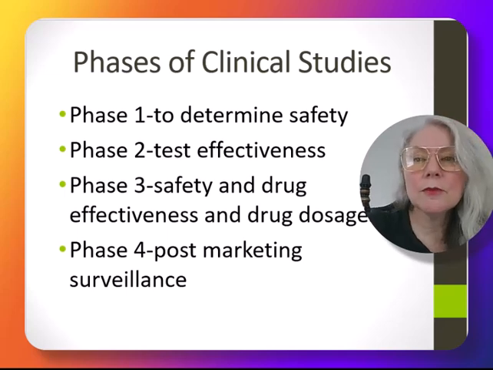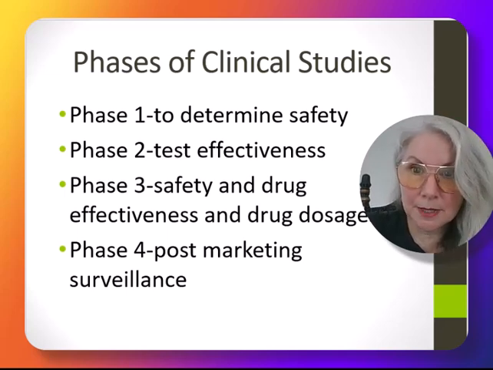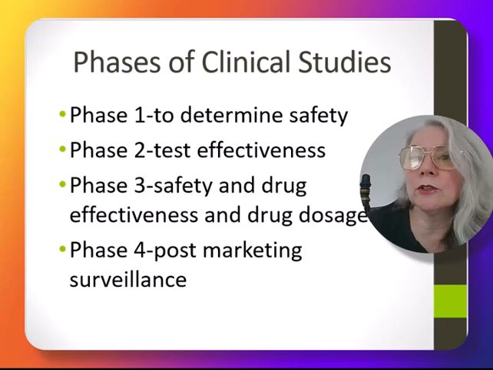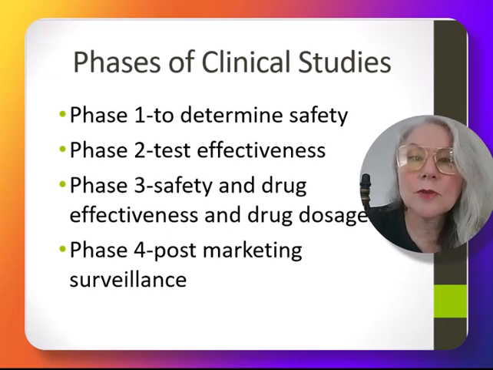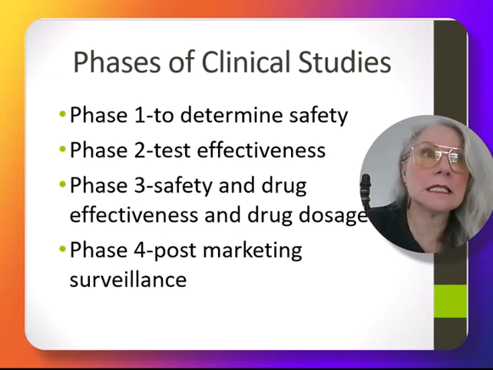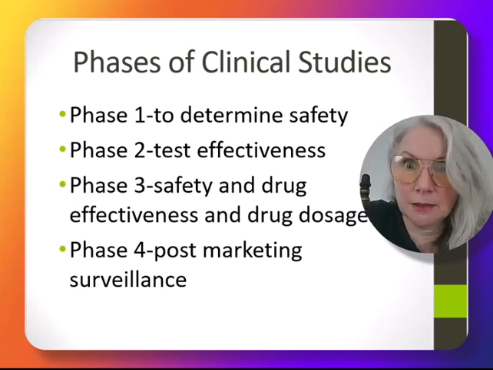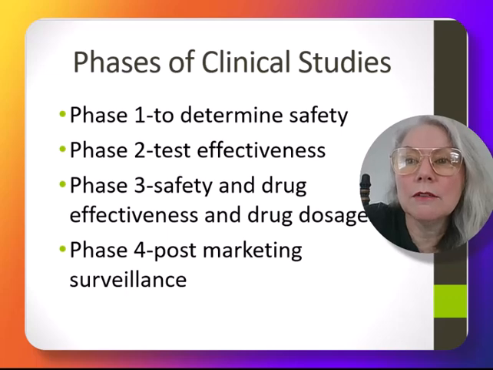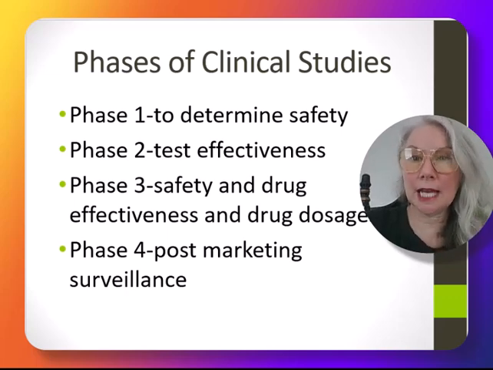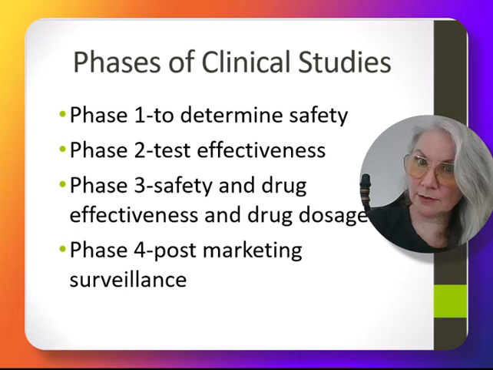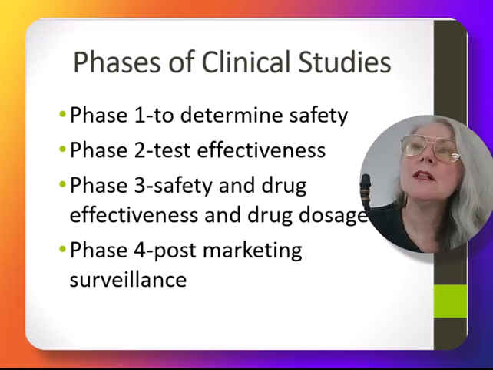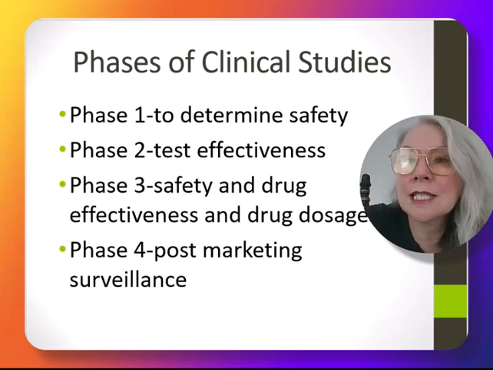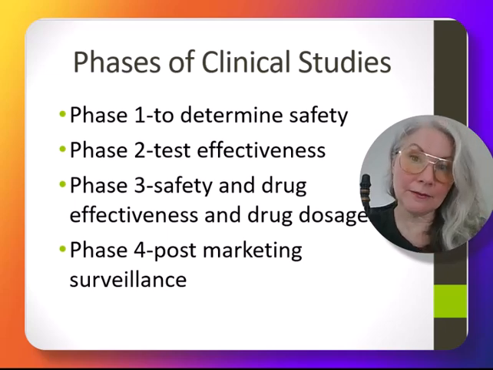So as drugs are being created by different companies, it goes through a whole bunch of clinical studies. So the first thing that they want to look at, is it safe, right? Is it killing people, right? So is it safe? Does this drug not cause life-ending side effects? So we want safety in a small group of people. The next phase is they want to test to see the drug's efficacy.